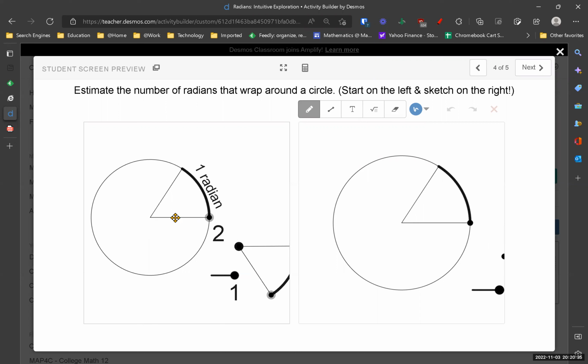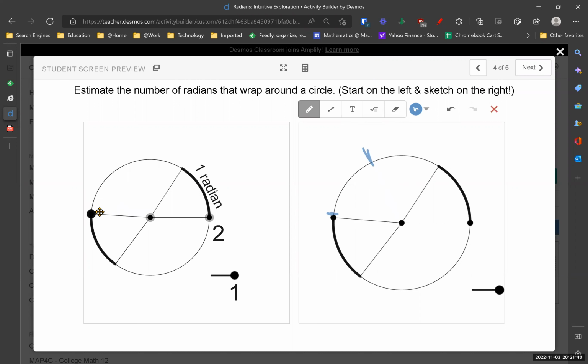There's our 1 radian, like a slice of the pie. If I keep going around the circle, here's 2 radians, and let's mark something right there. Then let's keep going. Here's another radian, so we're at 3 radians so far.